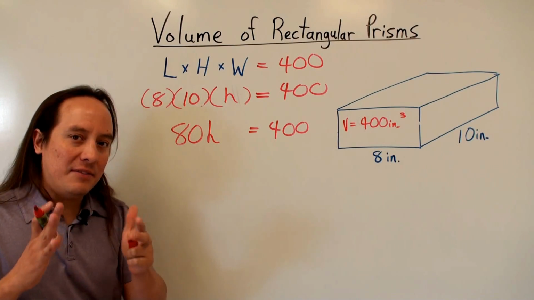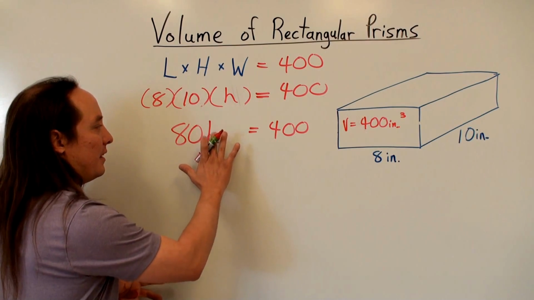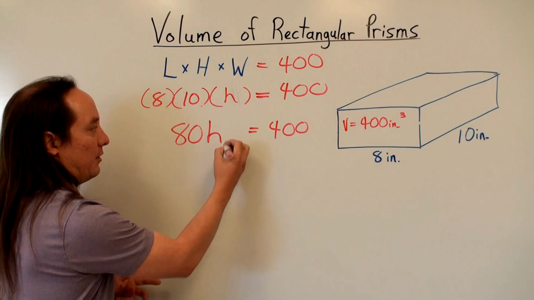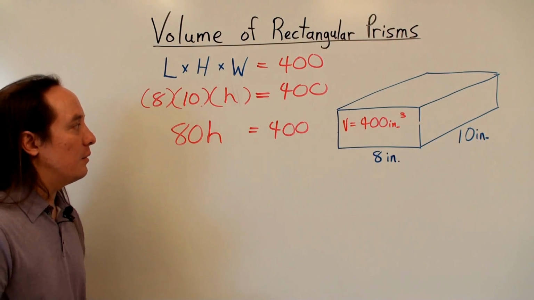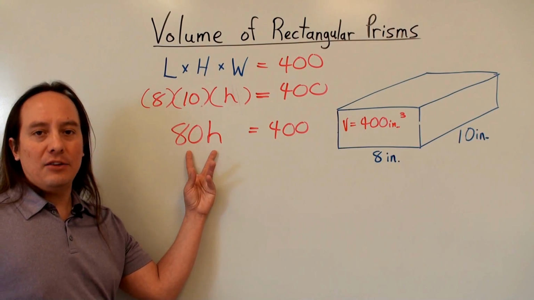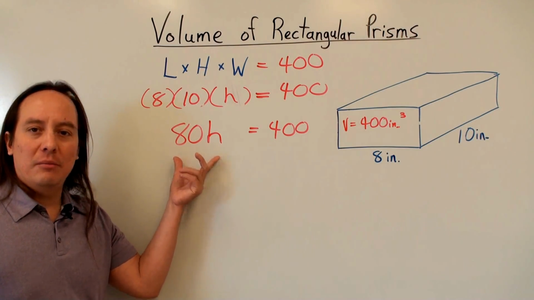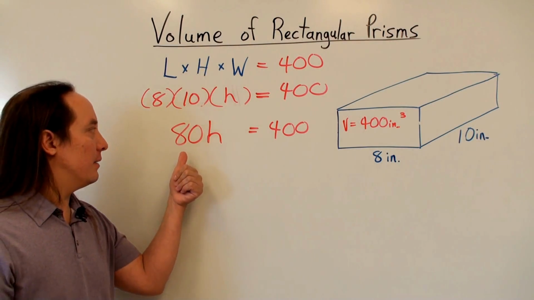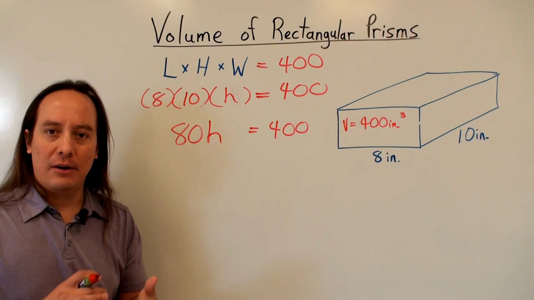So again, I want to leave h alone on one side of the equal sign. To do that, I have to look at the relationship between the 80 and the h. What mathematical operation is keeping the 80 and the h together?